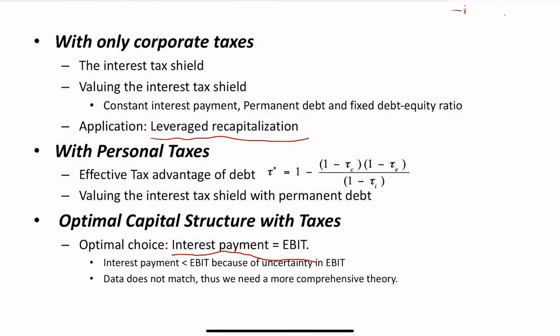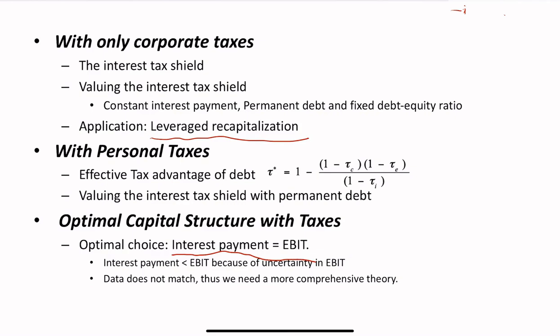I mean, this is pretty obvious, because if interest payment equals EBIT, then your taxable income is basically zero. So the government cannot tax you anything if you have a zero taxable income, right?